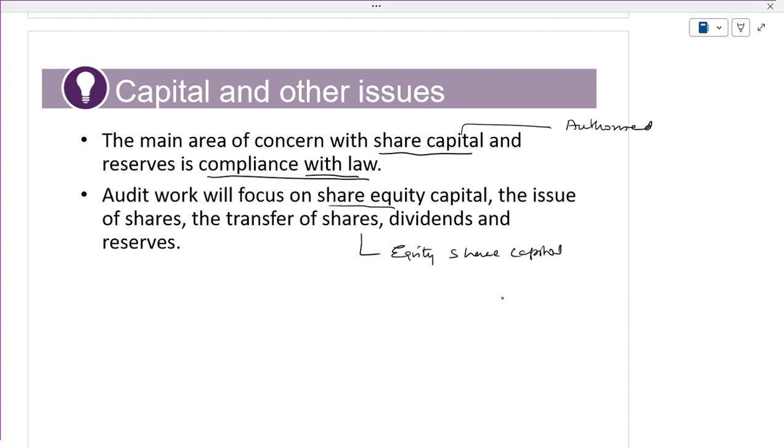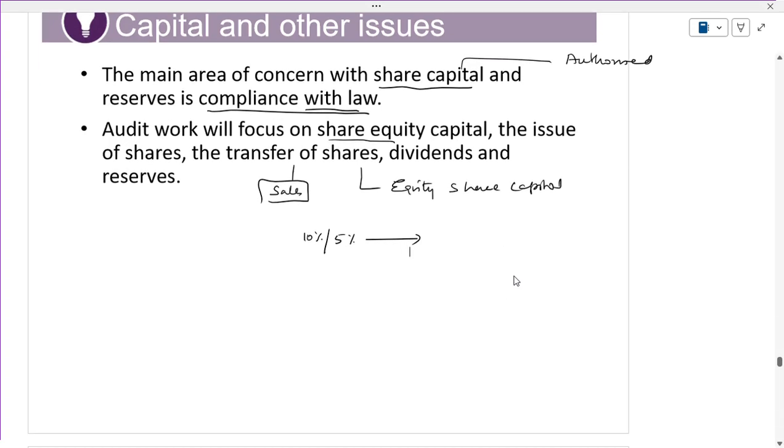Apart from that, any transfers, any sales. It is mandatory in most companies to mention the people who hold more than 5% or 10% of the shares. Whoever holds more than 5% or 10% of the shares has to be given in the listed form in the annual reports.